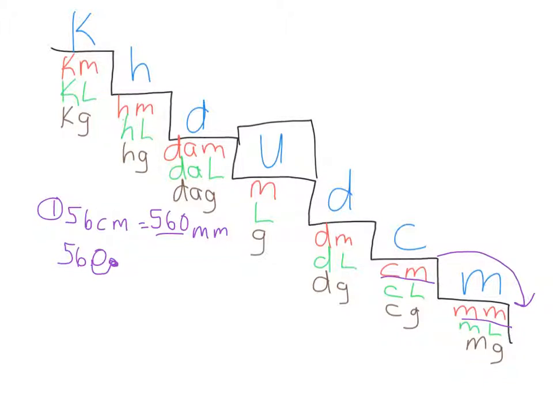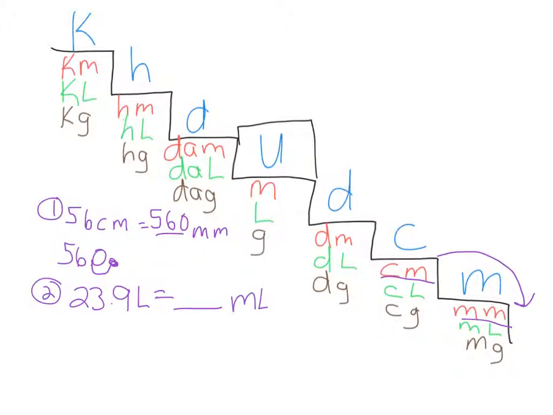Let's try another example. So for example number 2, let's say that I wanted to know how many milliliters in a liter. So what if I wanted to do 23.9 liters equals blank milliliters?